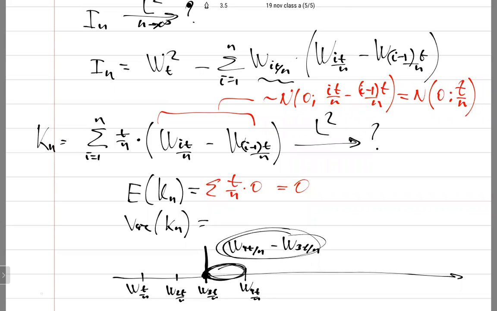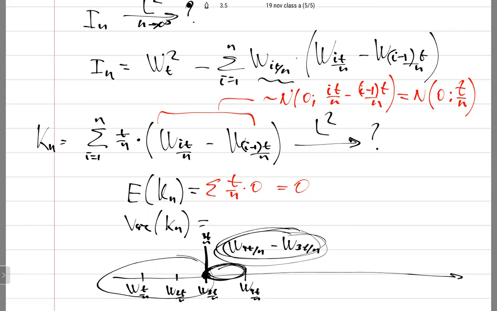And the future increment is independent of everything I know up to time 3t over n. So the future increment is independent of everything I know about what happened. That's property number 4 or 3 of the Wiener process: every future increment is independent of the past. So these are independent random variables.